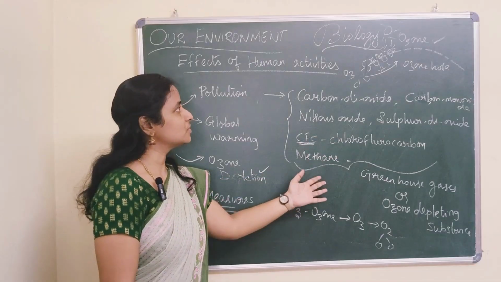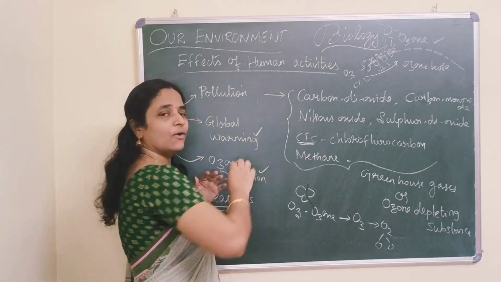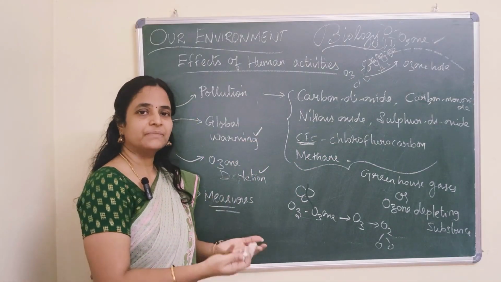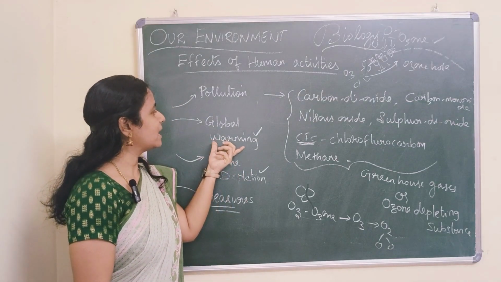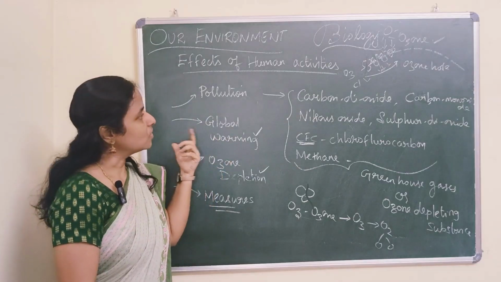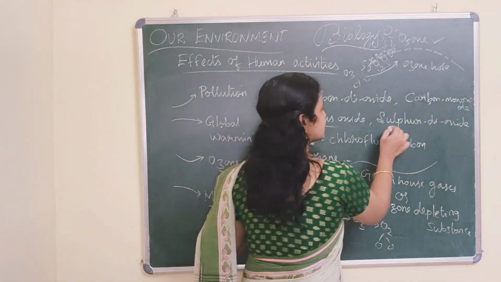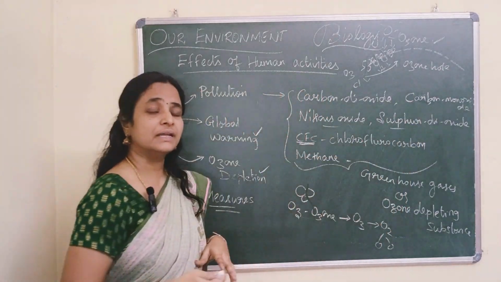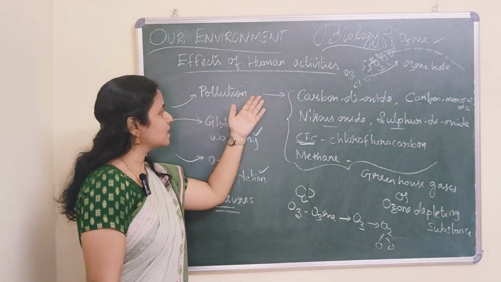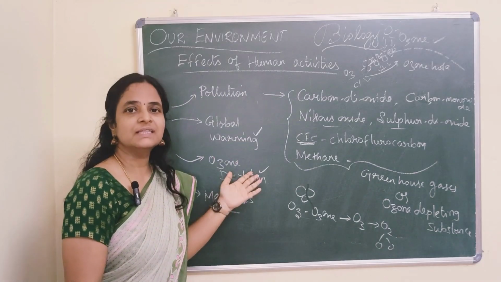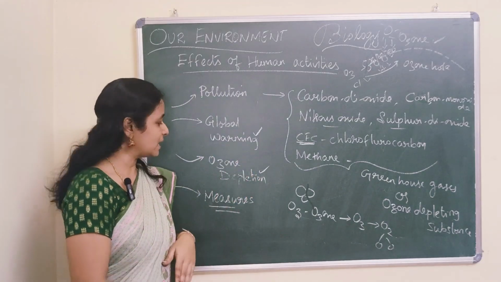As a result, the temperature of the environment keeps on increasing. So you call that global warming. And also you can find these gases mixing together, and they also fall as acid rain. So these are the threats faced by the environment due to human activity.